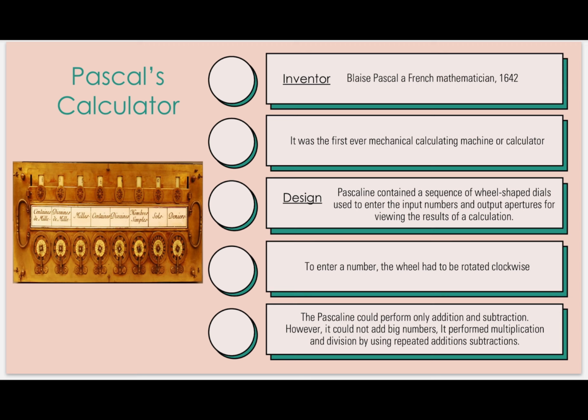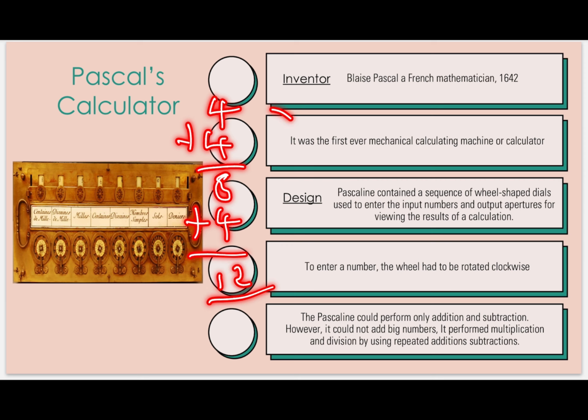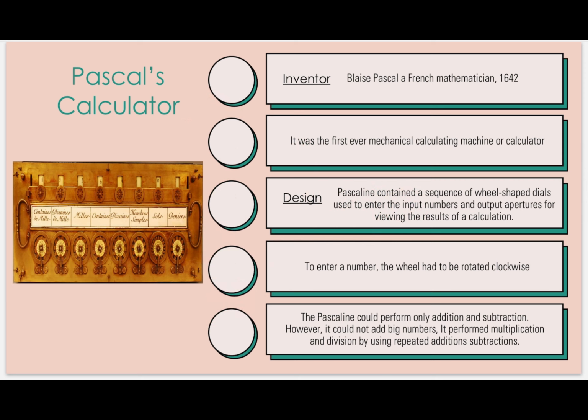If I want to multiply, what I will do is, for example, 4 plus 4 is 8, plus 4 is 12, like this. If I want to calculate 4 into 3, I will do 4 plus 4 plus 4, then I will get the answer 12. The same for division, means subtracting.